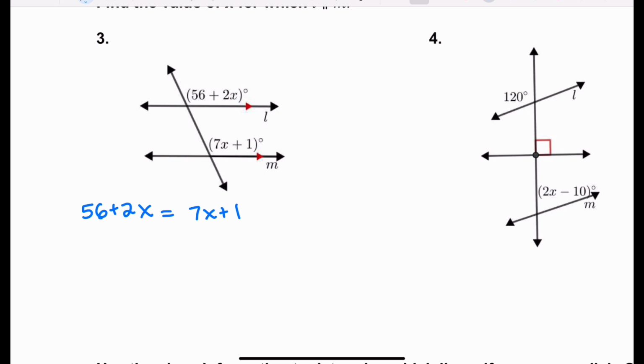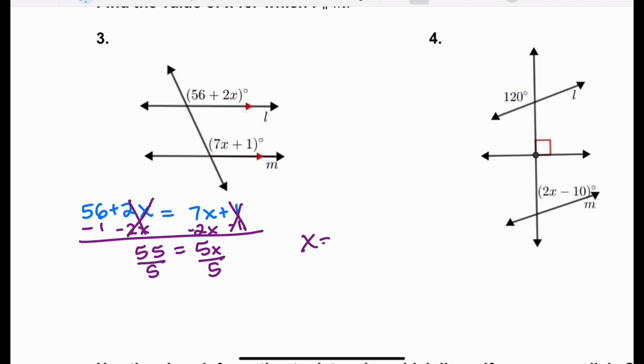So we're going to subtract 2x from both sides of the equal sign. 7x minus 2x gives us 5x. We're going to subtract 1 from both sides at the same time, which gives us 5x equals 55. I divide by 5 on both sides of the equal sign, and x is going to equal 11.